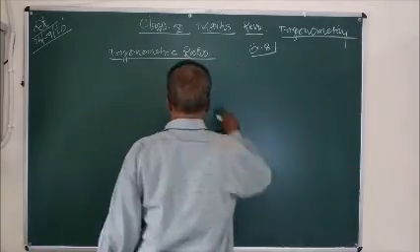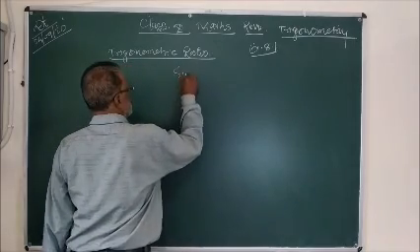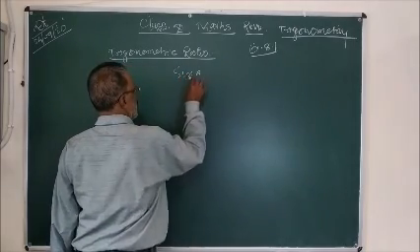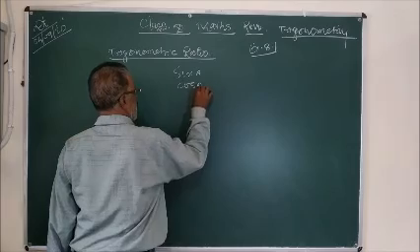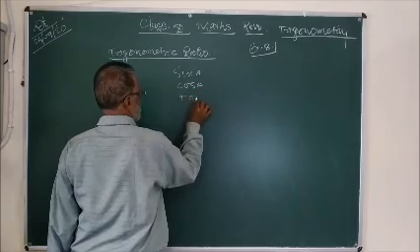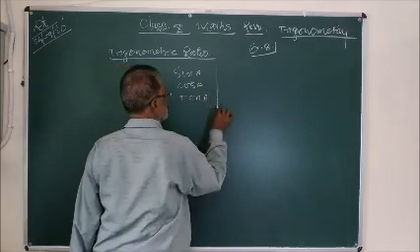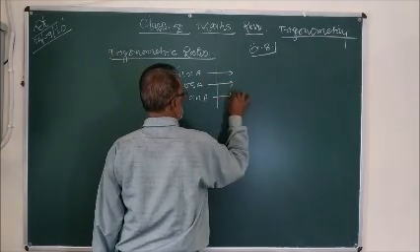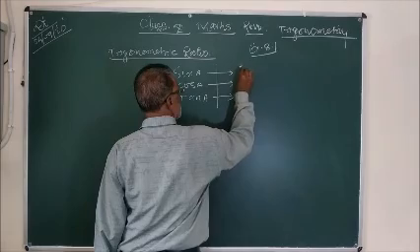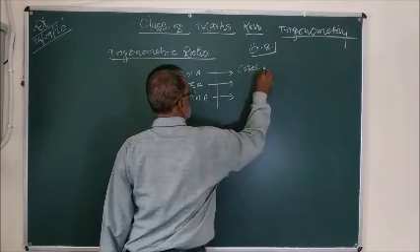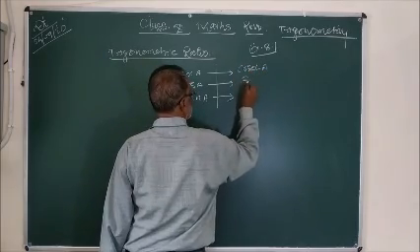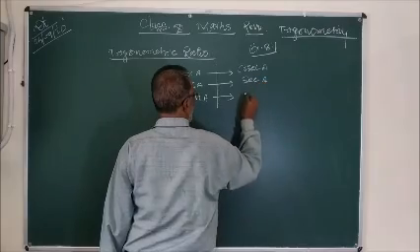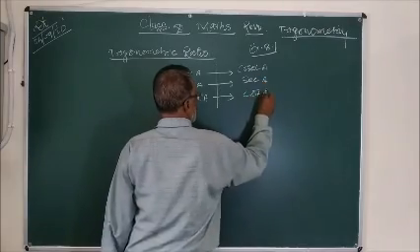Trigonometric ratios, I have already explained: sin A, cos A, tan A. There are 6 trigonometric ratios; 3 are sine, cosine and tangent, and the opposites of these are cosecant, secant and cotangent.